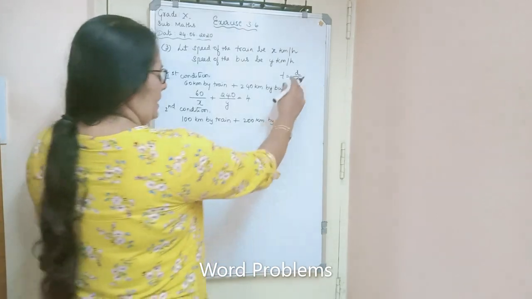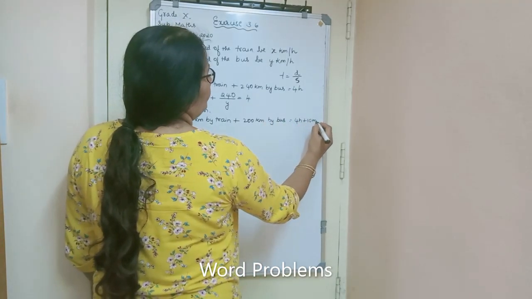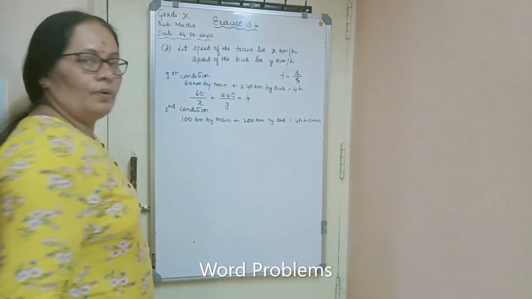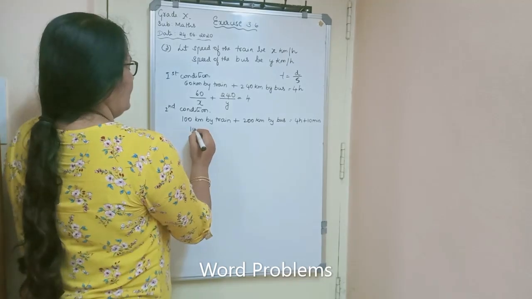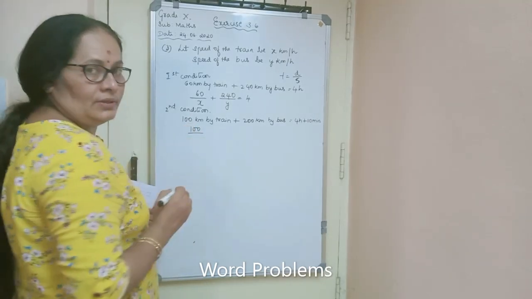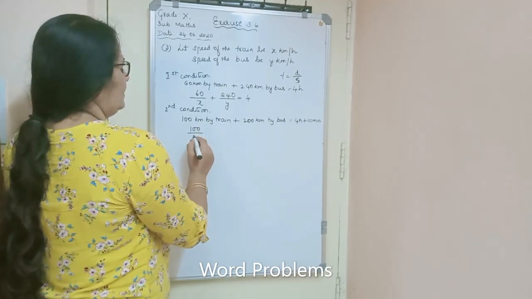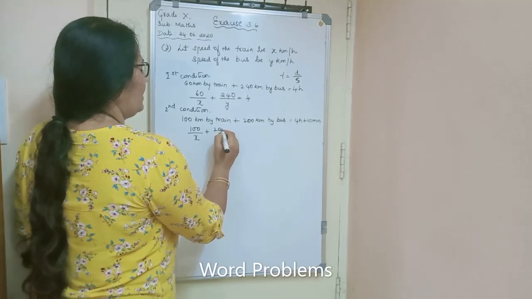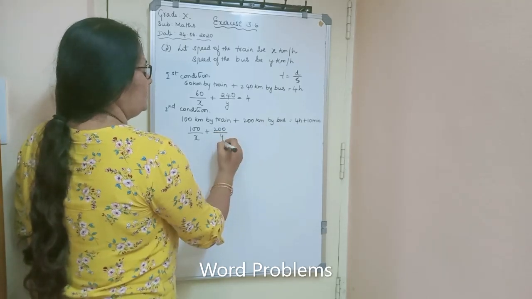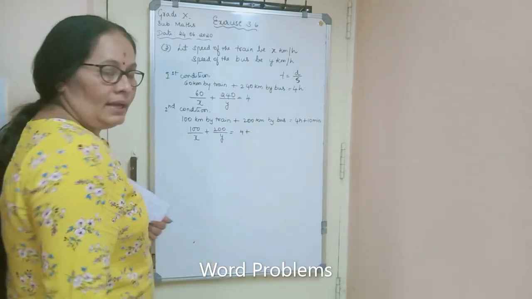It means previously she had taken 4 hours, now 10 minutes more. That means 4 hours plus 10 minutes. Okay. 100 kilometers by train. So the time taken is distance upon speed, that is 100 by x, plus 200 by the speed of the bus y equals 4 hours plus 10 minutes.